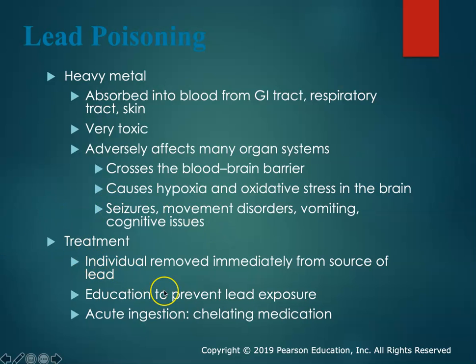In terms of treatment, again, you have to remove that individual from the source and try to prevent future exposures. If there's acute ingestion that occurred, there are chelating medications that can be given. Like if you think about charcoal and stuff like that, that will bind up that lead and then basically get it out of the body.